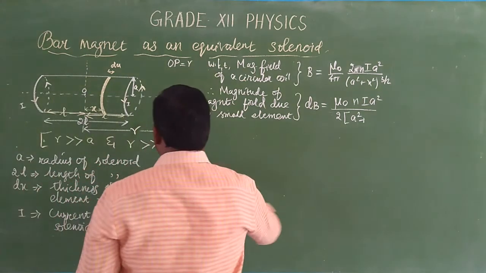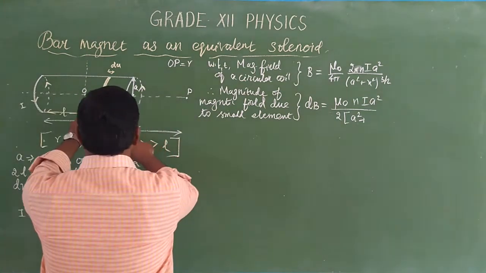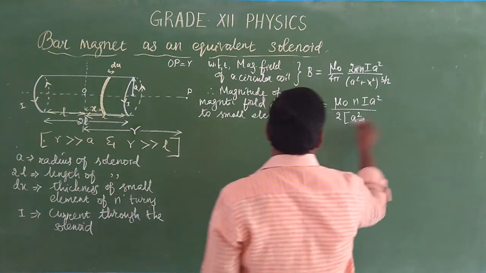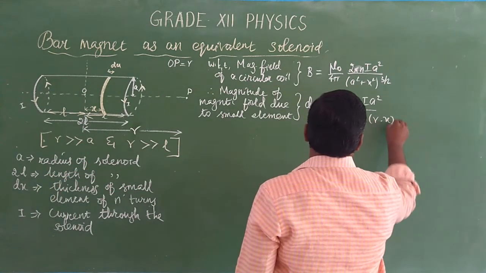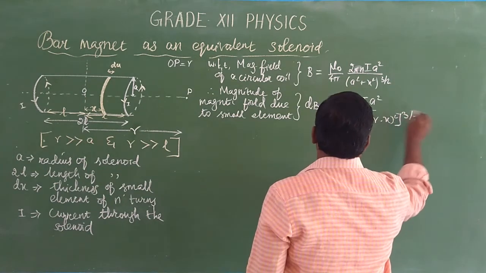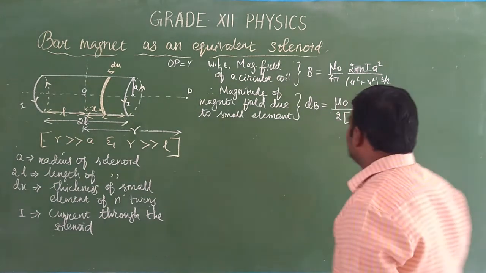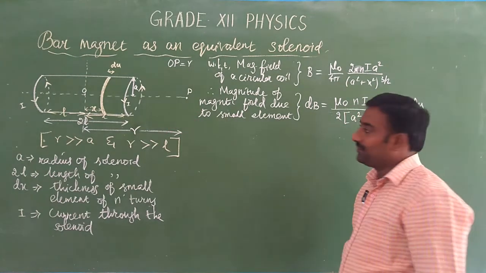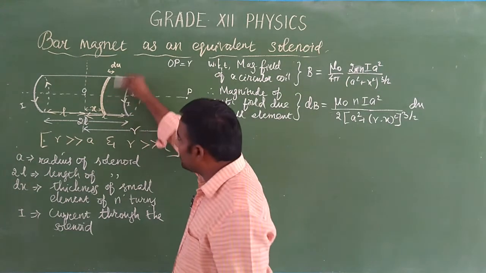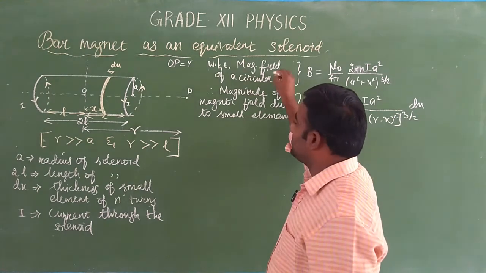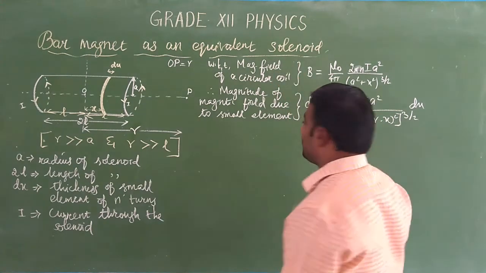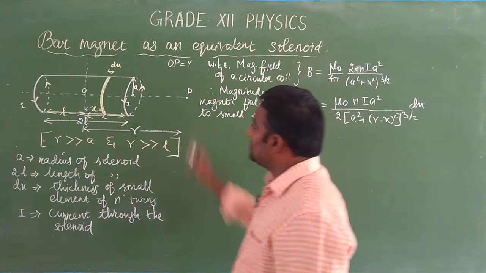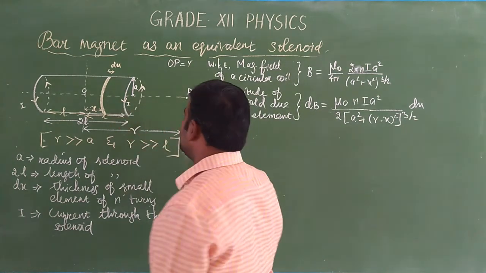So the distance is R minus x, the whole square whole power 3 by 2 into dx, due to the small thickness. Okay, so the small element produces a magnetic field from the previous relations we obtained. So the condition we use is that P is at a very large distance from the center.